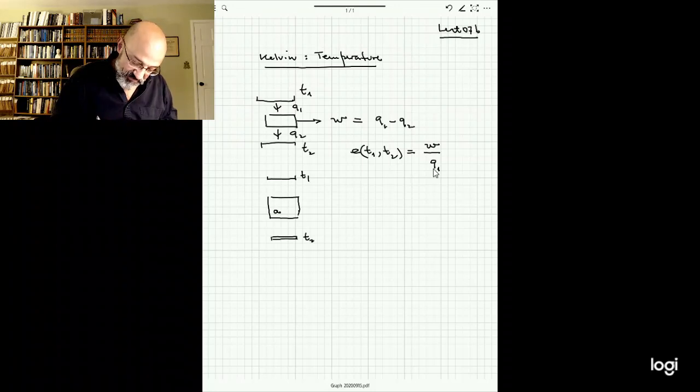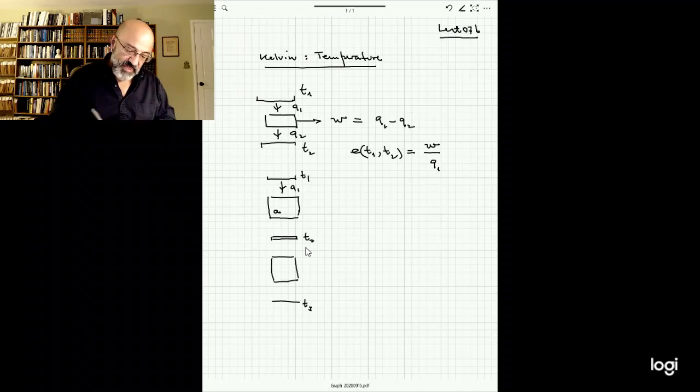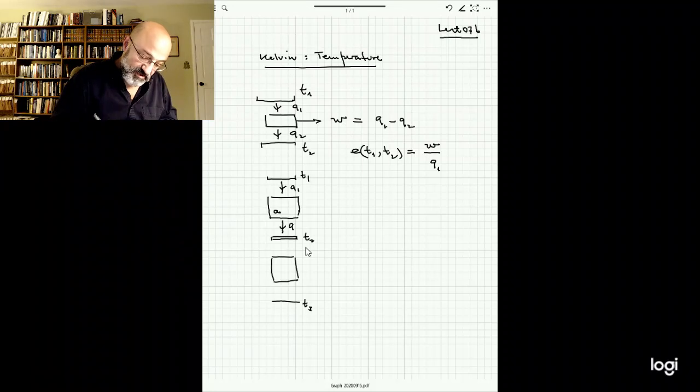And then you have the T2 being used as the high temperature reservoir for yet another engine that operates between T2 and T3. So heat is being supplied there and some heat is being discharged here, and there is a certain amount of work, let's call it WA, the amount of work produced by engine A, which is Q1 minus Q2.